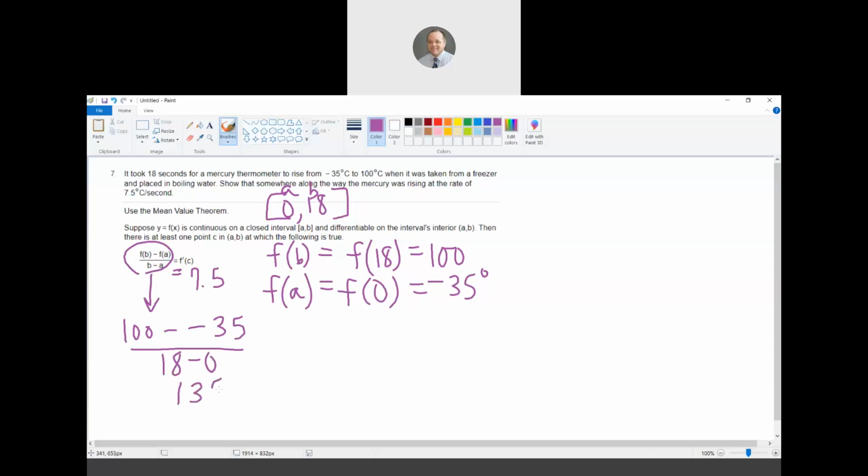So that gives us 135 over 18. And let me see what that equals to. That's exactly 7.5.